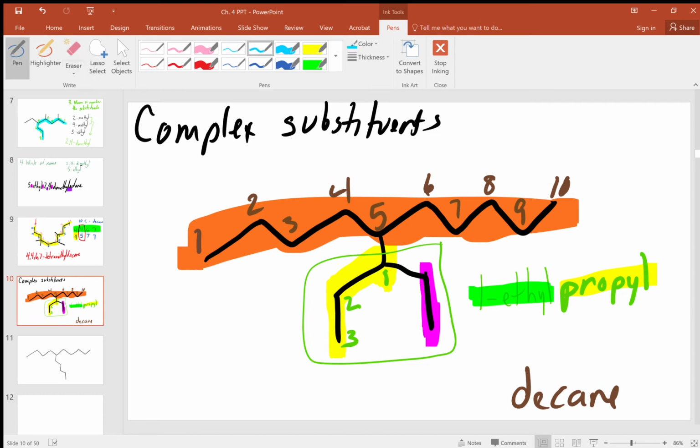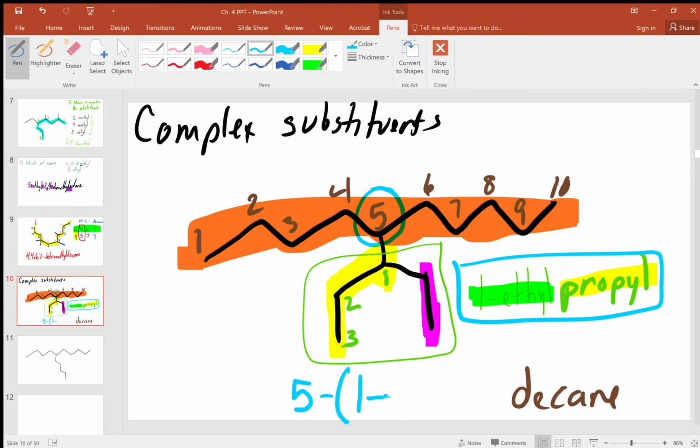So now finally, to finish our name, this substituent, the 1-ethyl propyl group, is on the 5th carbon of the decane parent. So this becomes 5. And because this is a complex substituent, we put this whole substituent in parentheses.